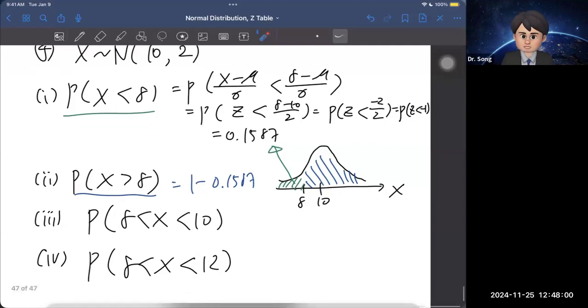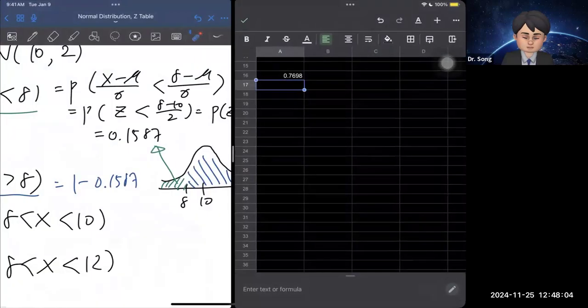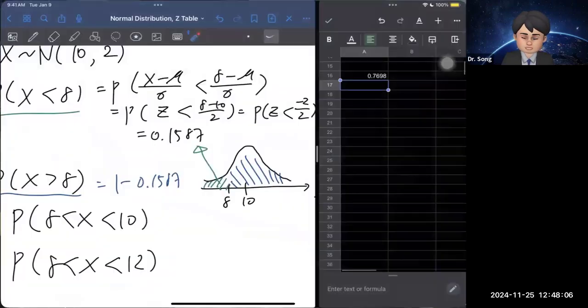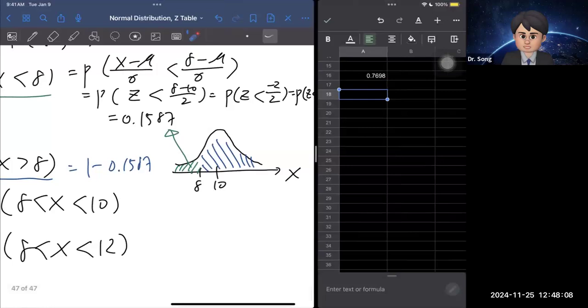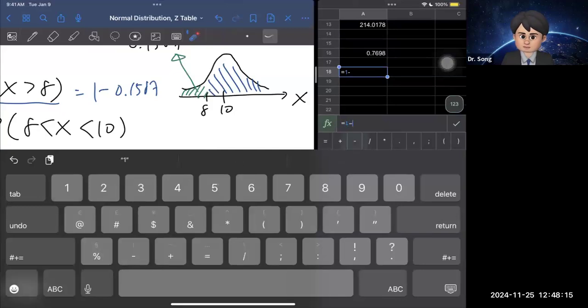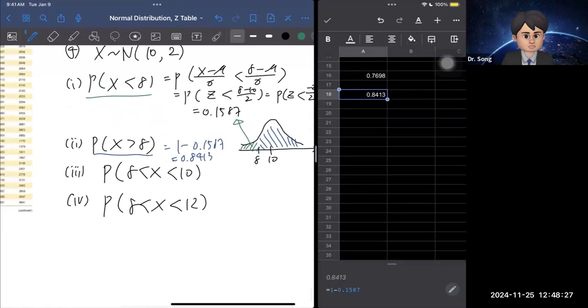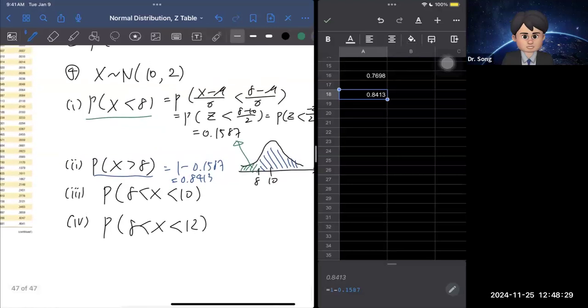You can calculate that with Excel or any calculator, even your iPhone calculator. It's not that crazy to calculate 1 minus 0.1587, which is 0.8413. So that's the answer for question 2, X greater than 8.